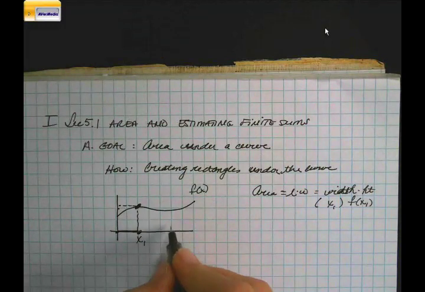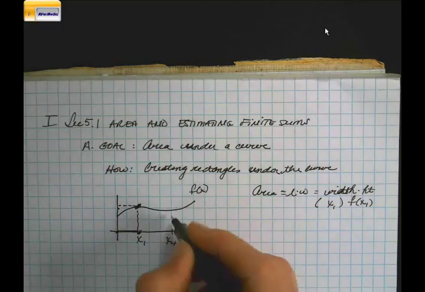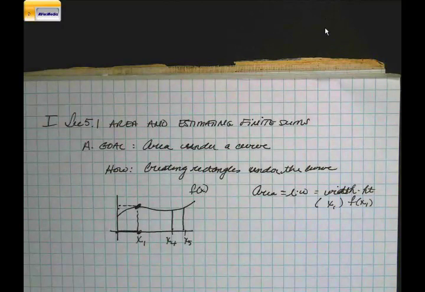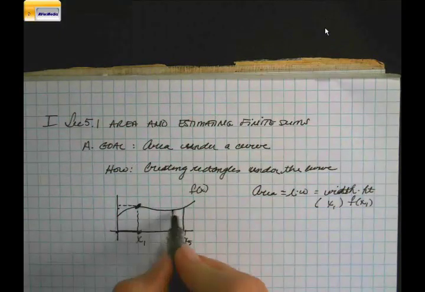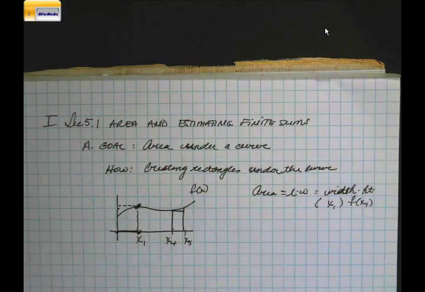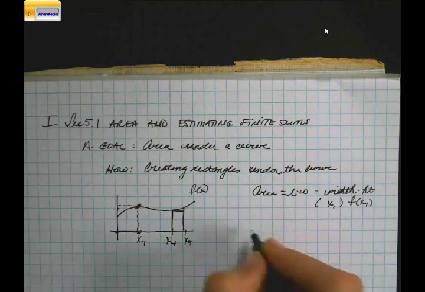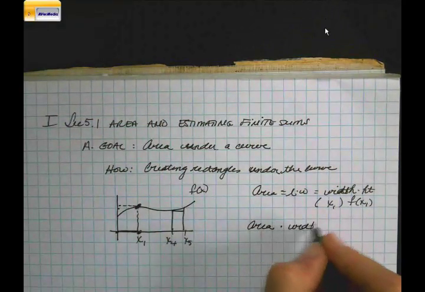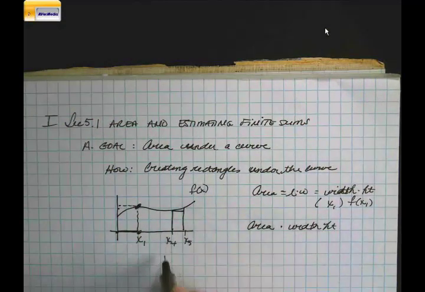And then you can continue to do it again. Suppose this is point x sub 4 and this is point x sub 5. You want to find the area of the rectangle under the curve. Suppose I use the height from x sub 4 instead of the height from x sub 5. Then the area of that rectangle, again, is width times height.